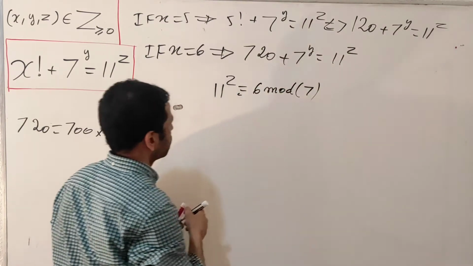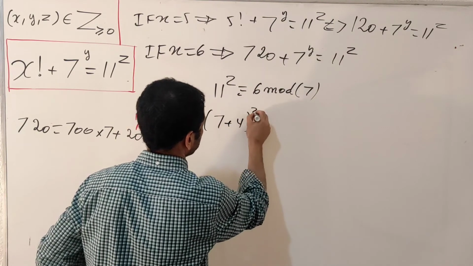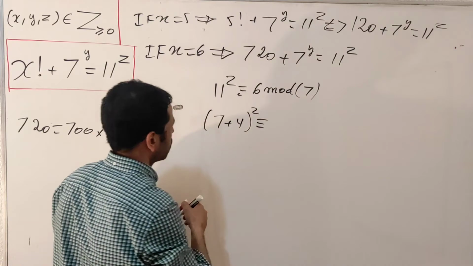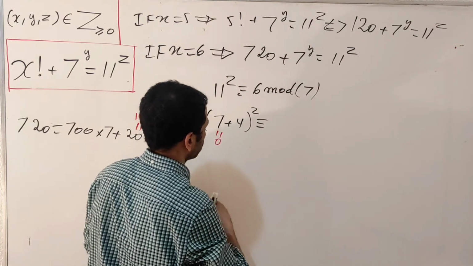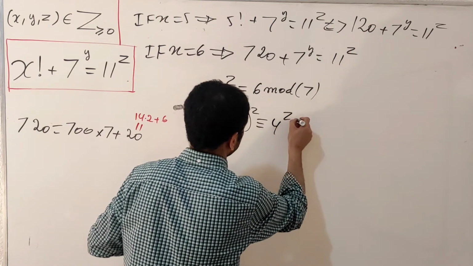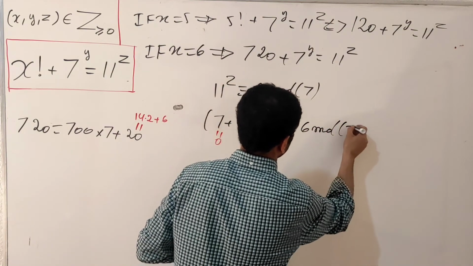Okay? 11 is the same as 7 plus 4, so 4 to the z is congruent. As we know, this 7 equals 0, so we'll have 4 to the z congruent to 6 mod 7.